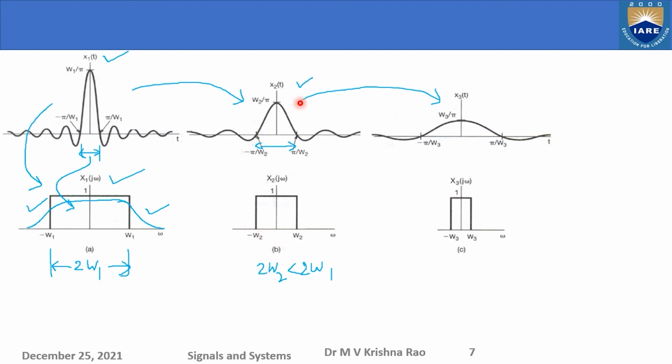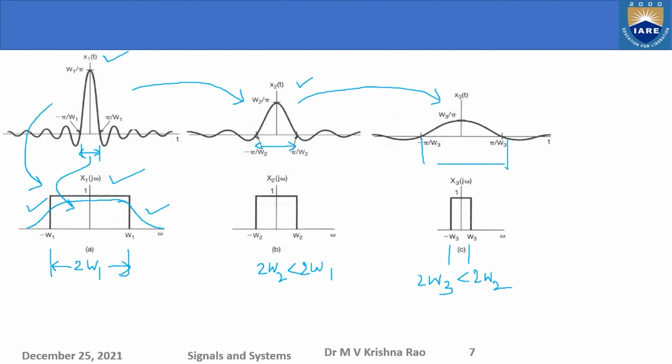Similarly, if I still expand or dilate this pulse, I will get further reduced bandwidth here. That is 2 omega, sorry, not omega, 2W3. Omega is the variable, W3 is the constant. So 2W3 is less than 2W2, the previous one, further reduced, because here the pulse width has increased.